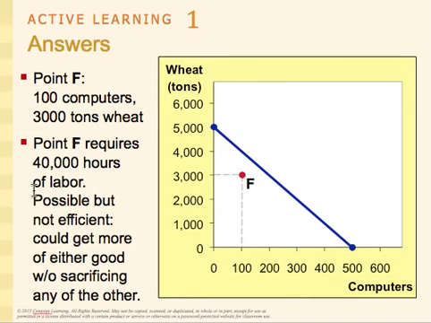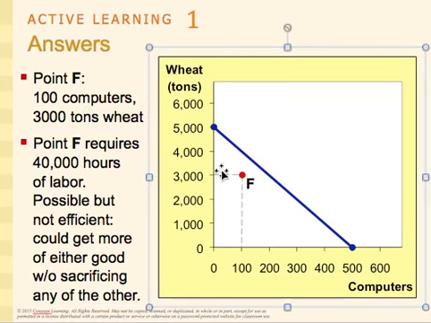So you're not maximizing the total number of labor hours you have available. You're only using 40,000 labor hours when you have 50,000. So this is what's considered inefficient. It's possible, but inefficient. You could get more of either good without sacrificing any of the other. You're leaving some things on the table.